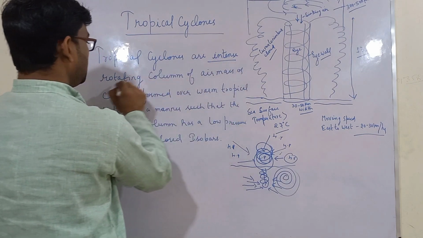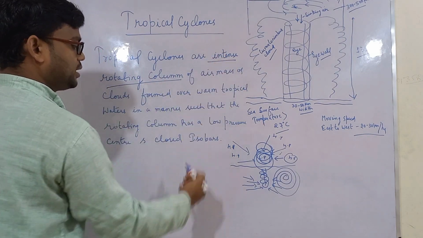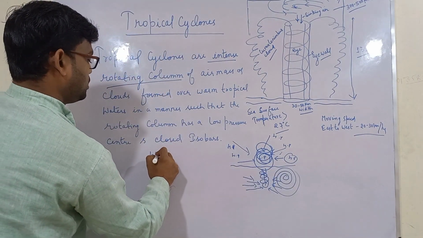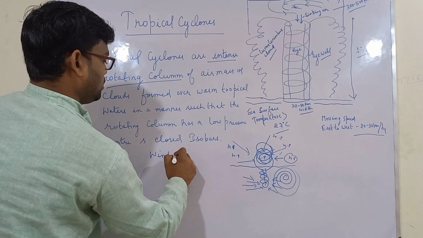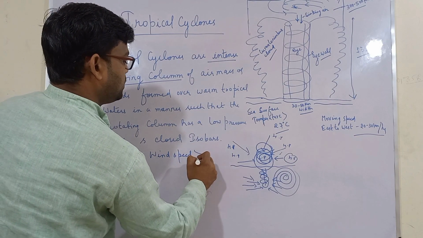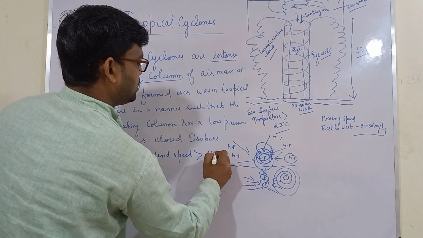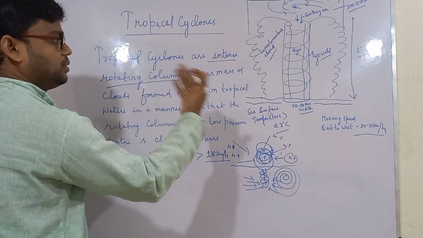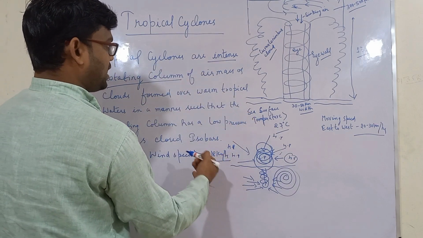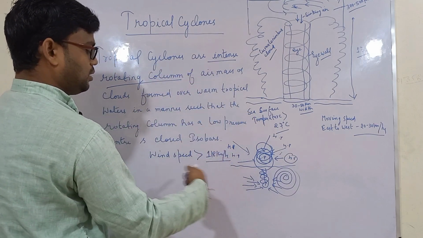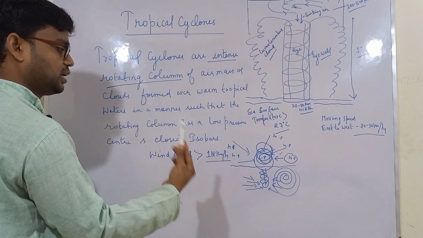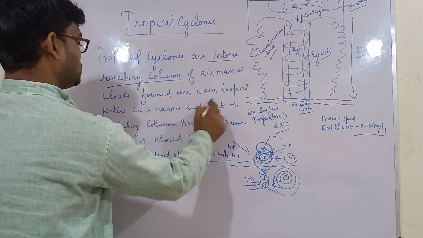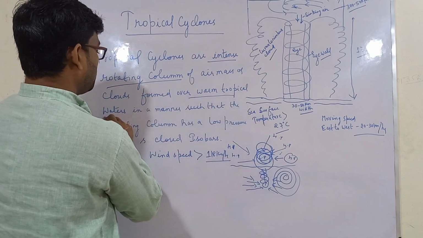First, intense rotating column: it means the wind speed must be greater than 118 km per hour for the disturbance to be called a cyclone. Intense rotating column means the rotating wind speed must be greater than 118 km per hour. Next is warm tropical waters.